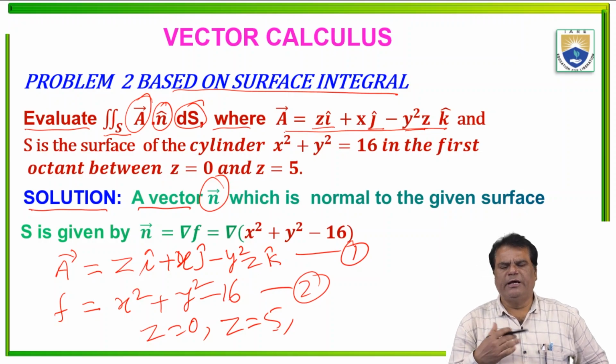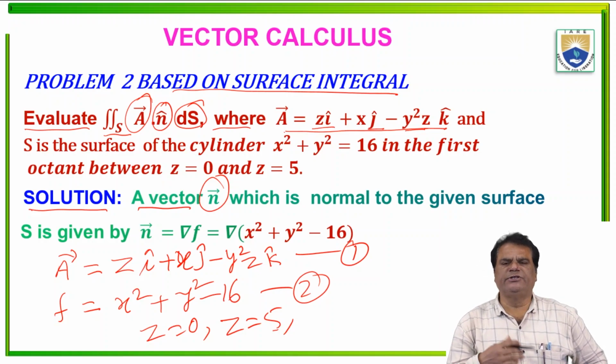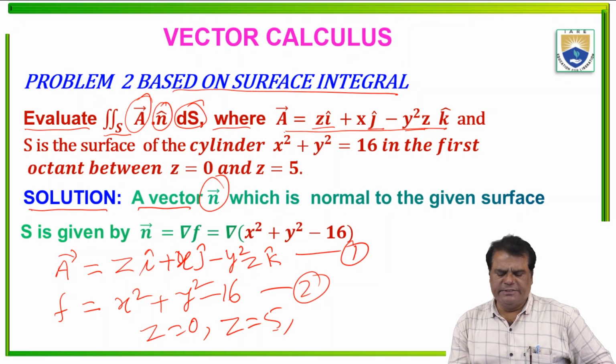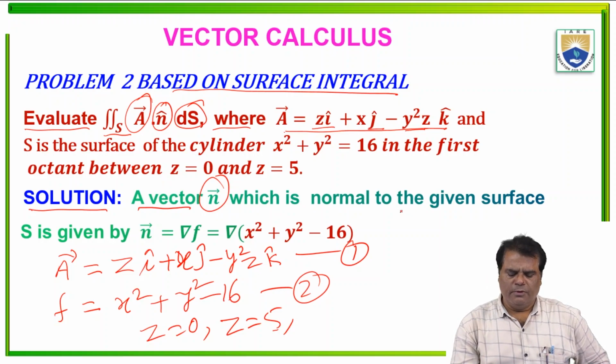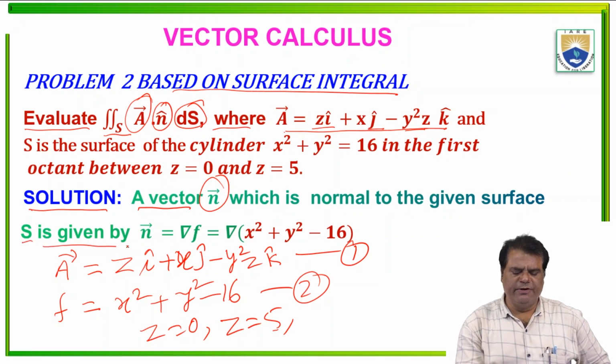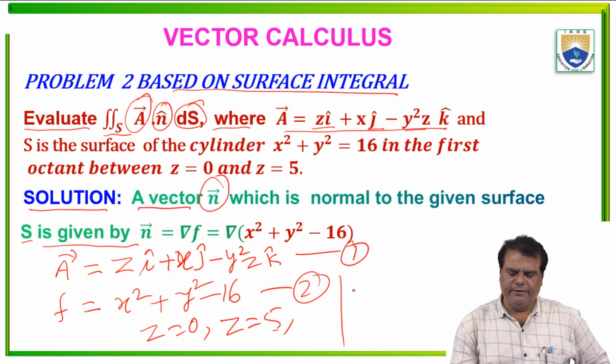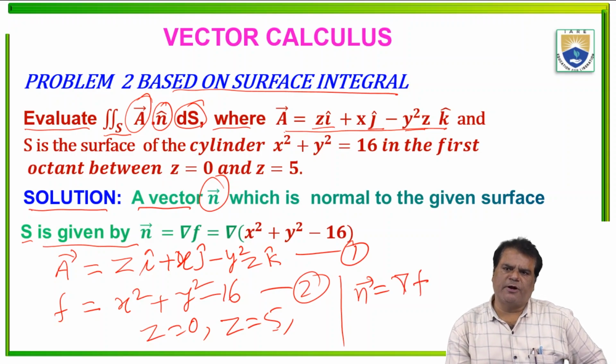Now we find the value of n vector, which is the normal vector to the given surface S. It is given by n vector equal to del f. We found del f in the last problem.